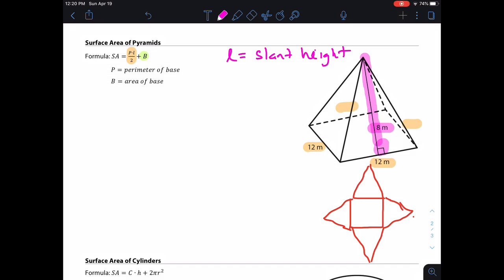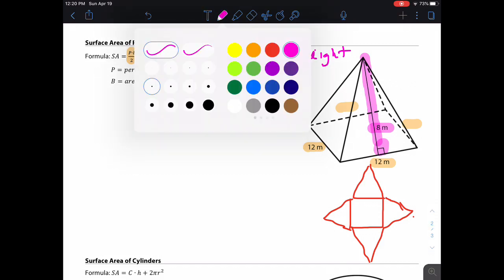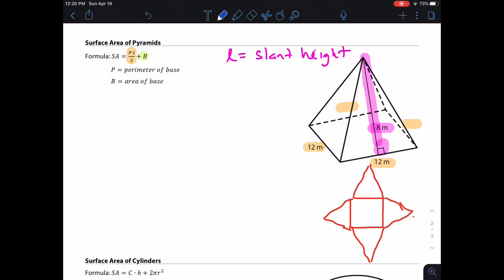All right, so quite a bit of information there, but we can make sense of it. So first things first, let's find the perimeter, which should be pretty straightforward. The perimeter of the base, there's 4 12s, so it's just 4 times 12, or 48 meters.